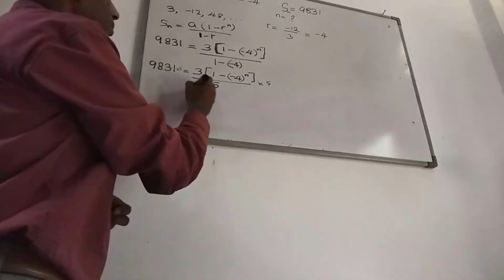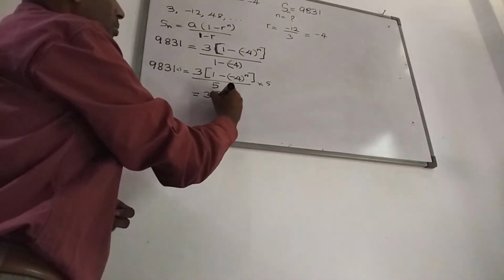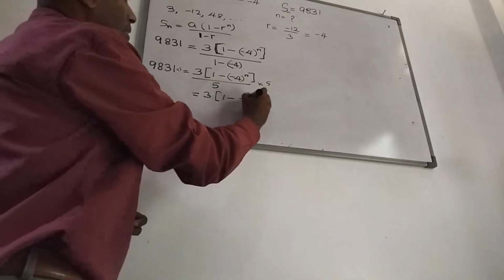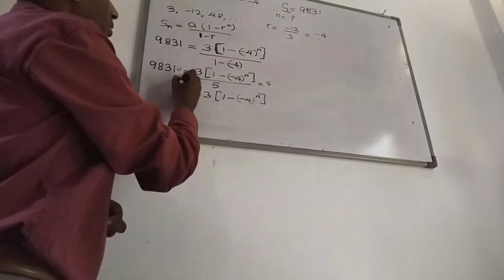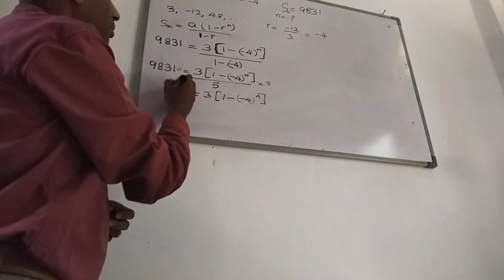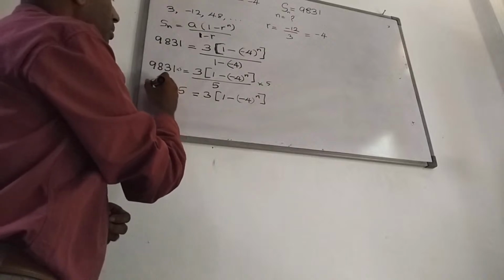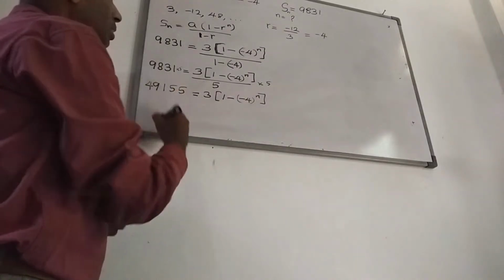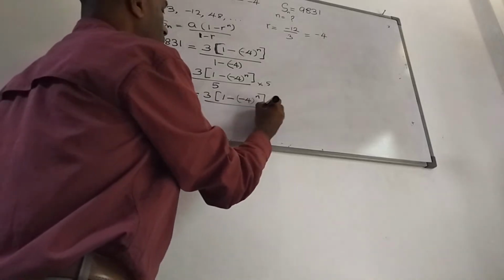Now if I multiply 3, 1 minus r to the power n, here 5 times 9831: 5 times 1 is 5, 5 times 3 is 15, 5 times 8 is 40 plus 1 is 41, 5 times 9 is 45, 49,155. Then you need to divide both sides by 3.